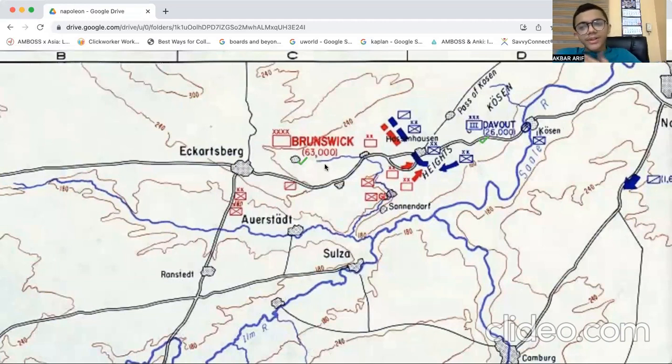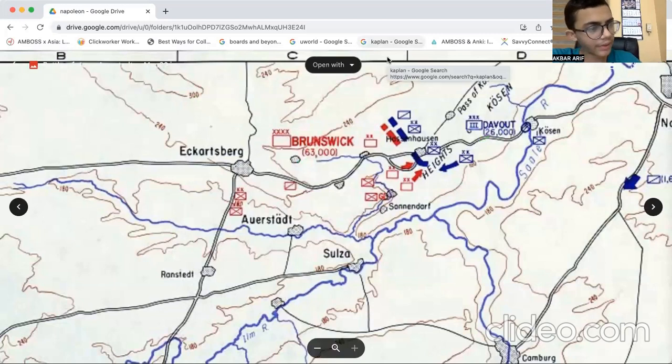Then Napoleon enters Berlin, the capital of Prussia, and the capital is changed to Königsberg because the king of Prussia is in Königsberg. So they go towards Königsberg, right?